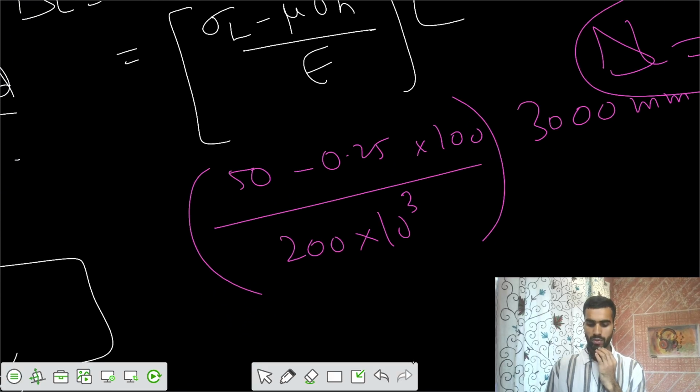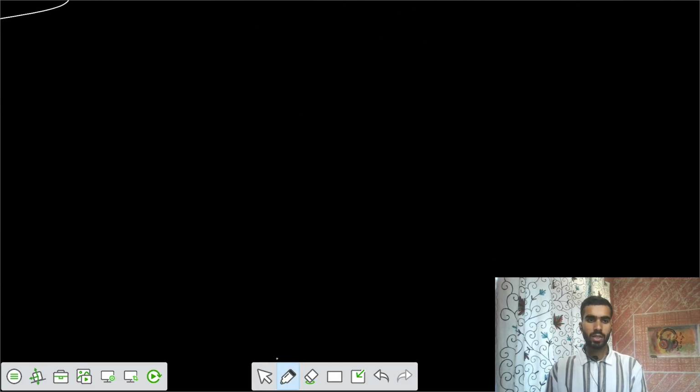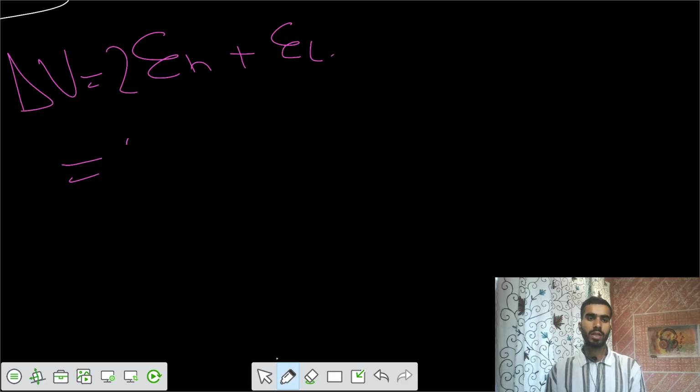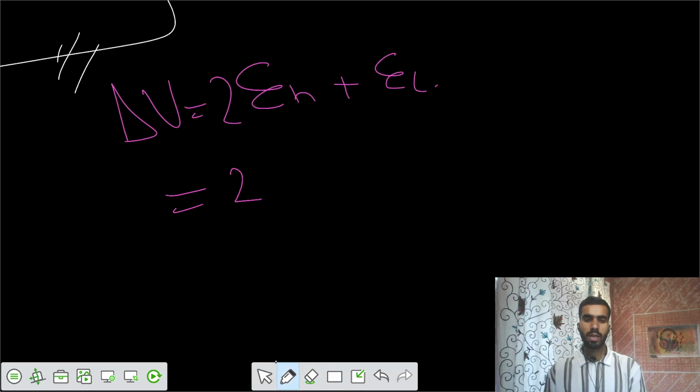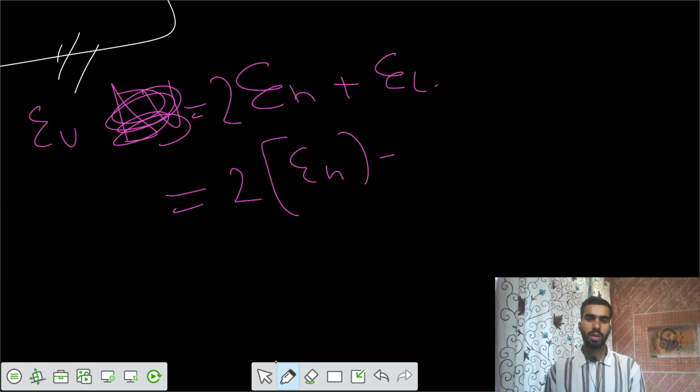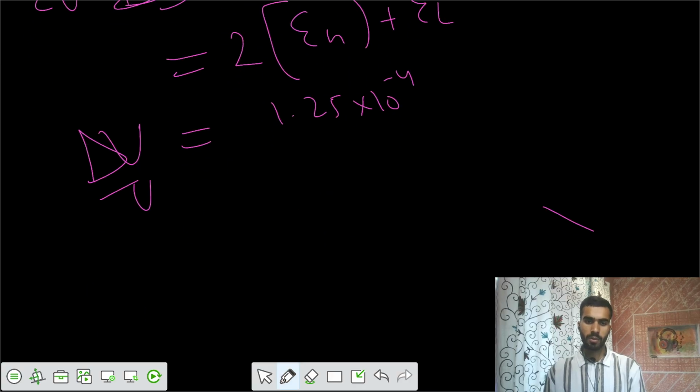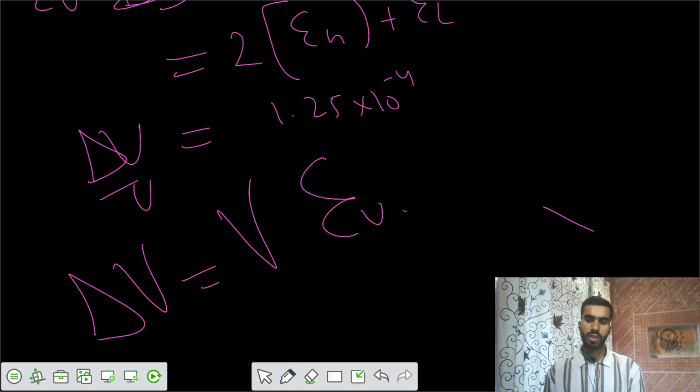Now the third one is the change in volume. We know the volumetric strain is 2 times hoop strain plus 1 times longitudinal strain. That equation is not change in volume, it's volumetric strain, and its value is 1.25 times 10 to the power minus 4, which equals delta V by V. So change in volume equals volume times this volumetric strain.